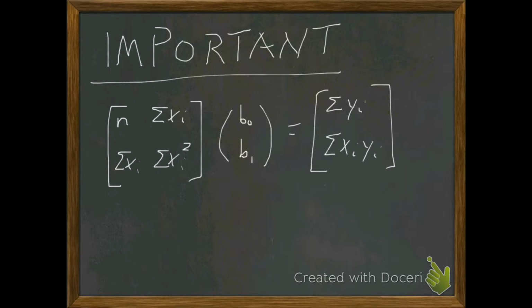Easy to say, tough to write. Now, just curious, does anyone remember what we called that matrix right there? Well, I went back and found it, and we actually found that the product of X transpose times X gives us this.